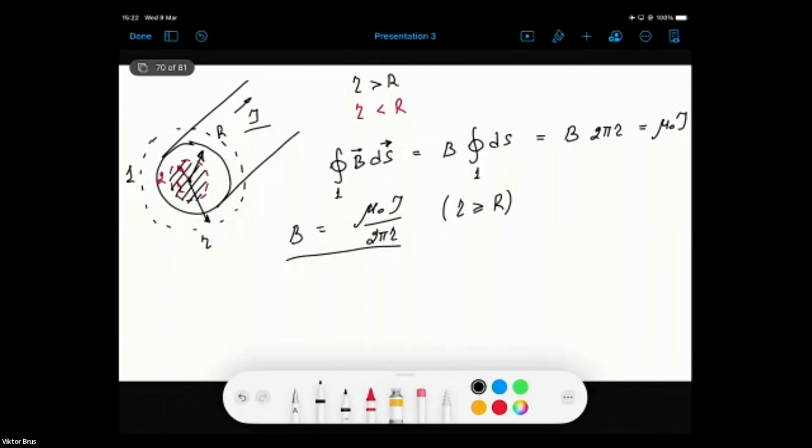Now, let's say we can write that I prime will be some current which actually flows through this surface of closed path 2.